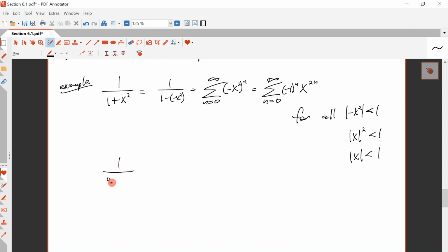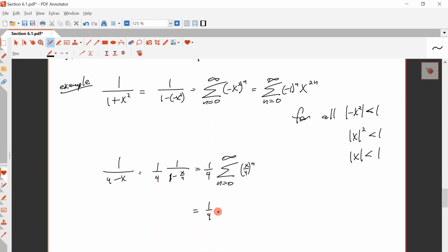1 over, say, 4 minus x. Right? Factor out a quarter. Right, so this becomes 1/4 times 1 over 1 minus x over 4, right? So as a power series, this is the sum, n equals 0 to infinity, x over 4 to the n.